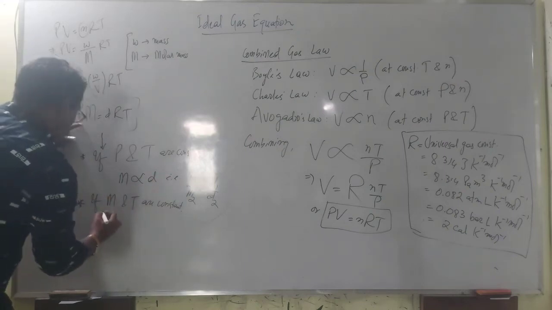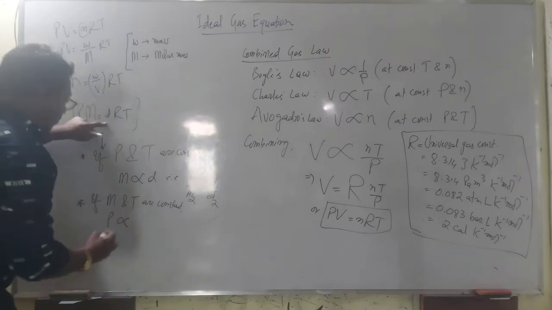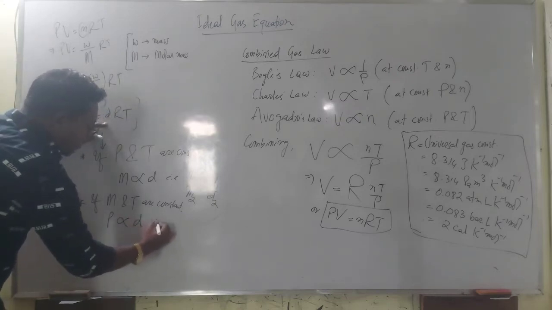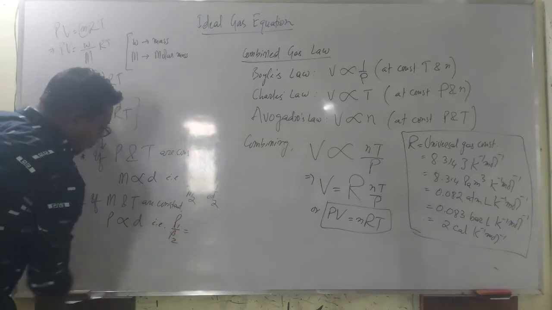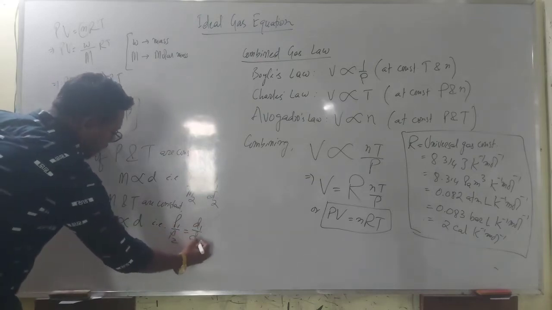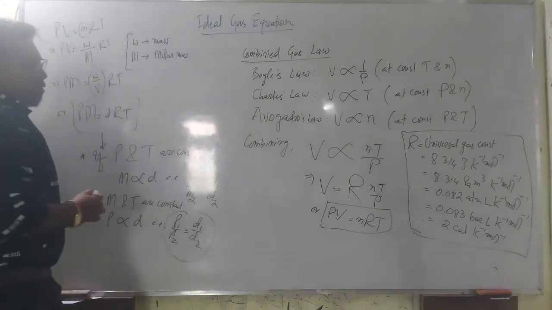Pressure is directly proportional to density. That is, I can write P1 by P2 is equal to T1 by T2, like this. This is also another expression.